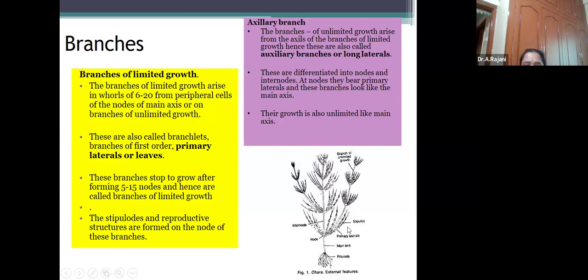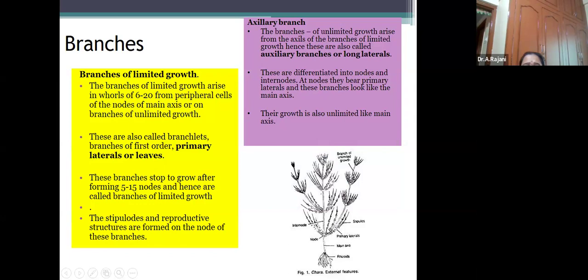You can observe them where my arrow mark is. These are the branches of limited growth. How many do they produce? 6 to 20 minimum.